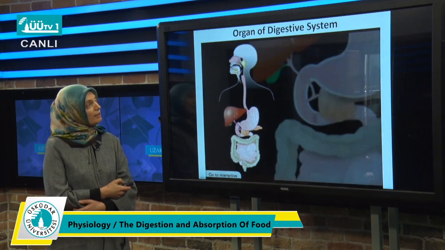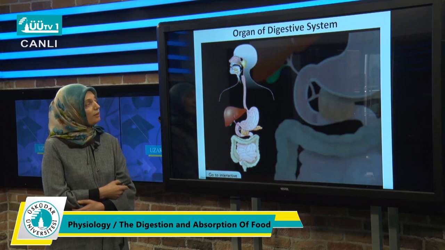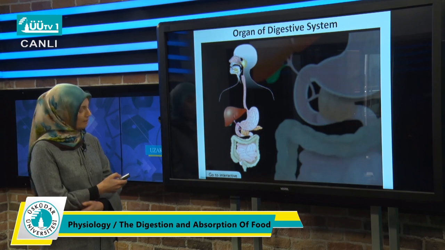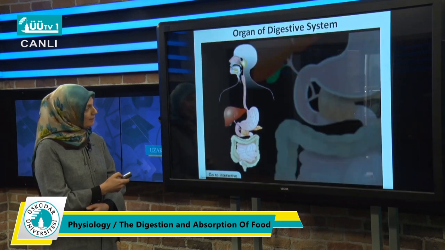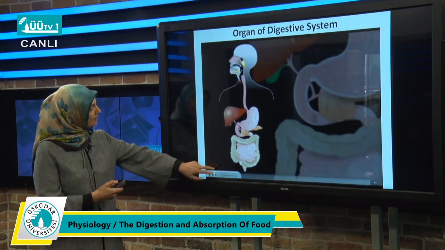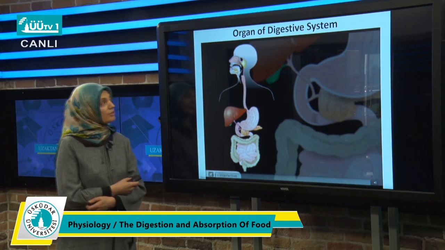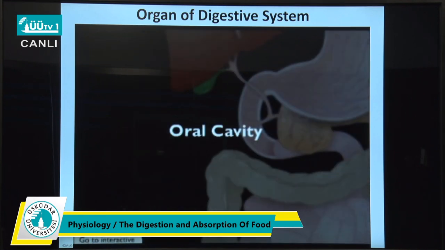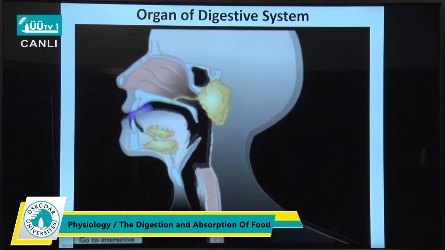Okay, so what are the organs of the digestive system? The digestive system is a very complicated system, and it begins with the mouth, where digestion begins.